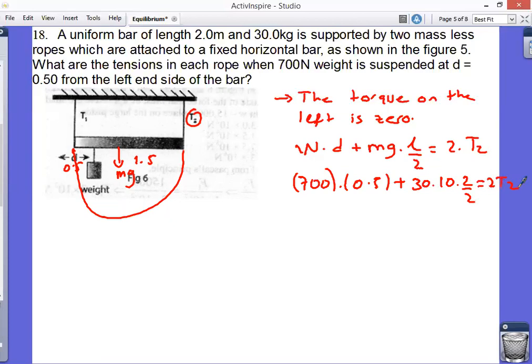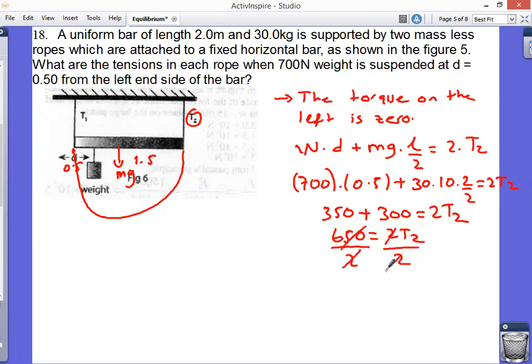So 700 times 0.5 is going to be 350, plus 300 equal to 2 T2. So it's going to be 650 equal to 2 T2. When we divide both sides by 2, you're going to get T2 as 325 Newton. This is the value of T2.